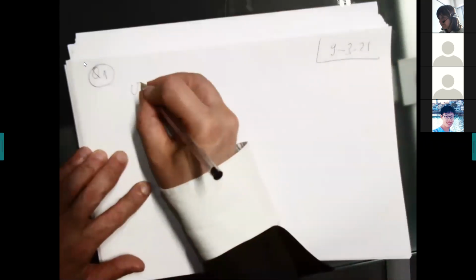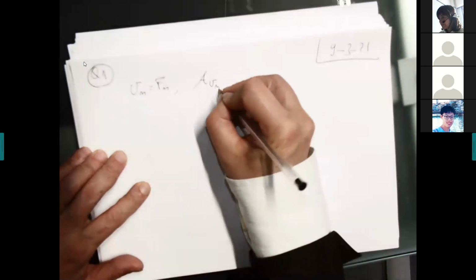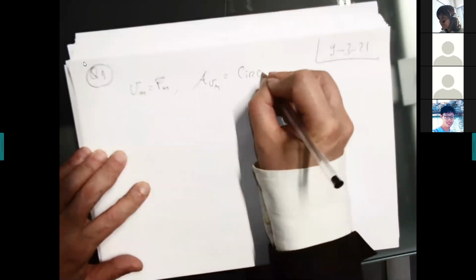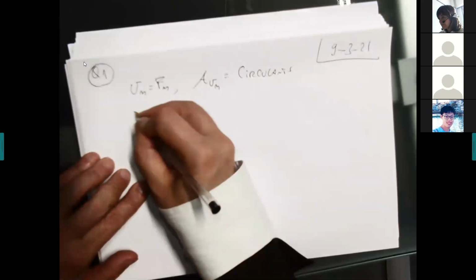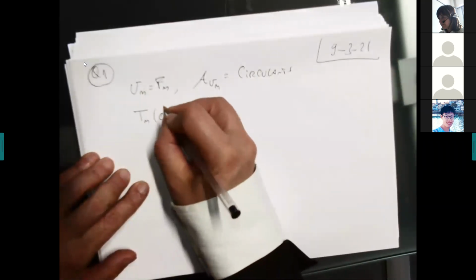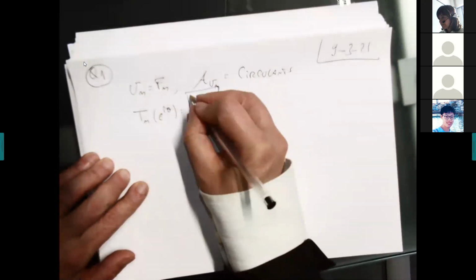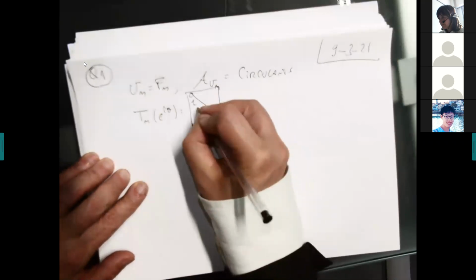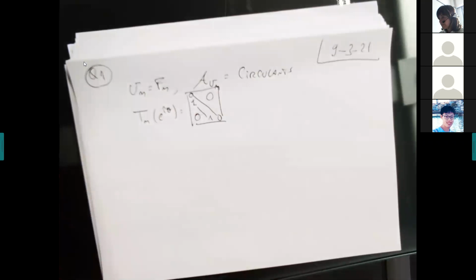So Un equal to Fn, so the algebra A_Un is the circulants. Okay? I have to take Tn of e to the I theta, which, as I said, is the transpose shift. So there is a one here on the subdiagonal and the rest is 0.